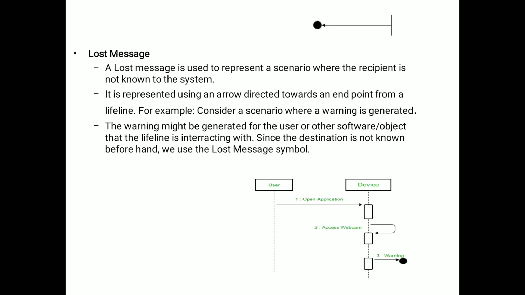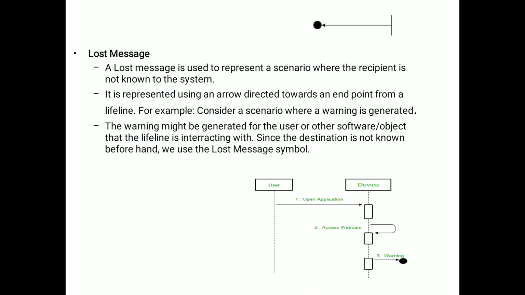Next is the lost message. Like your found message, this lost message is there. A lost message is used to represent a scenario where the recipient is not known to the system. This condition exceptionally comes, no need to write it as a part of the final answer.